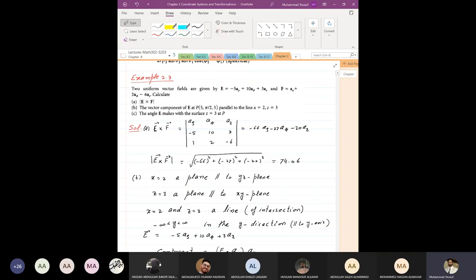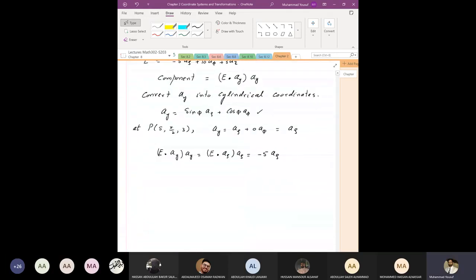The z equal to 3 plane is a plane parallel to the XY plane. So the angle between vector E and the XY plane is the same as the angle between E and the z equal to 3 plane. Now we need to compute this angle at point P. So let us see how we do this.